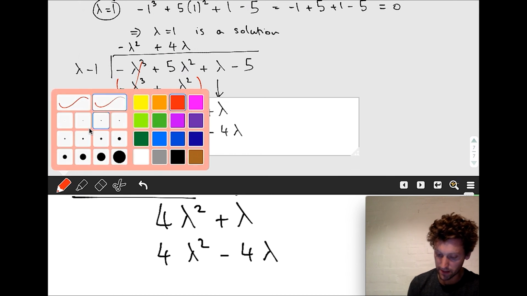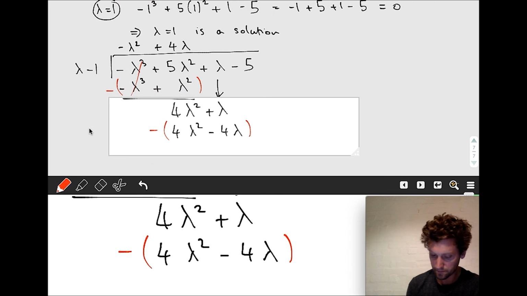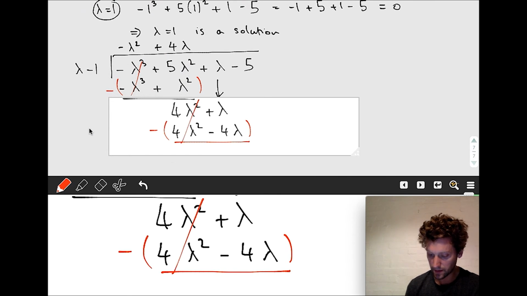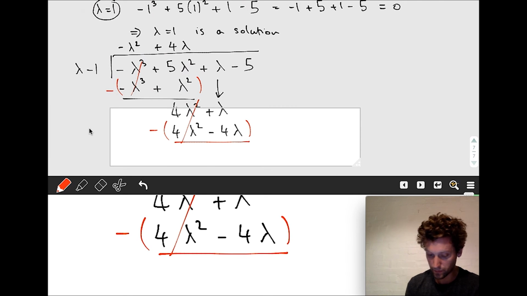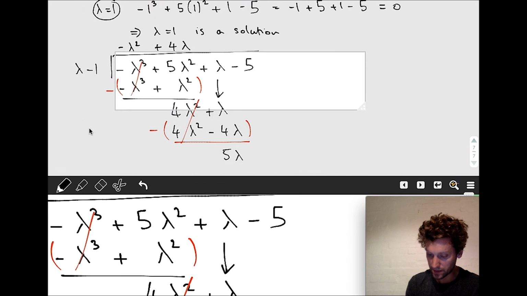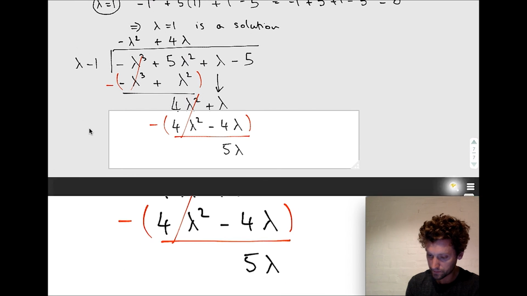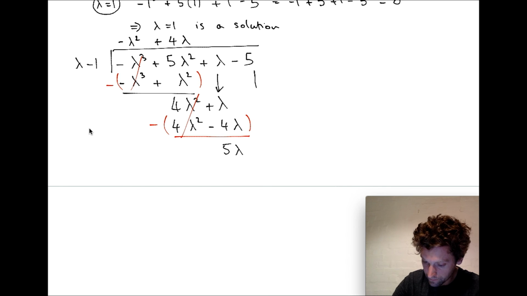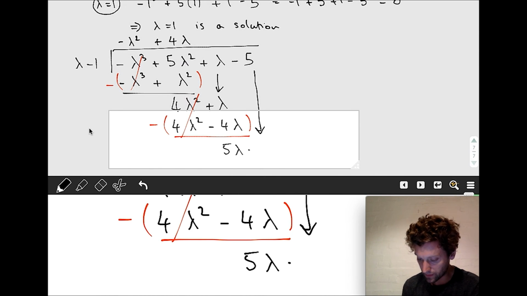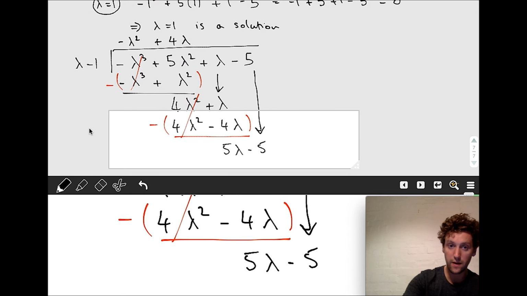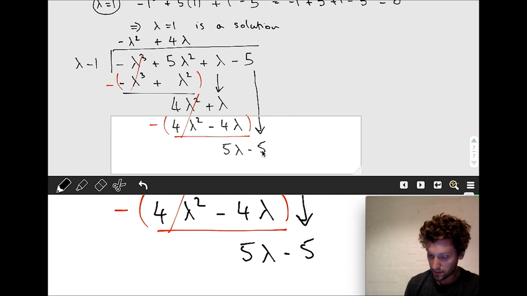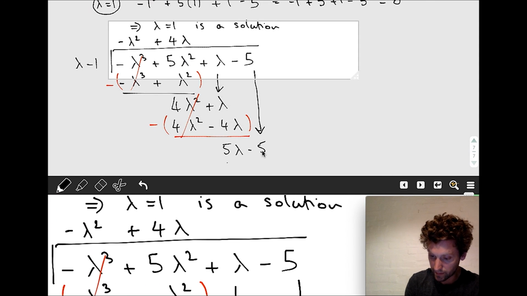Again, let's subtract that. So those are going to cancel. I get lambda plus 4 lambda, which gives me 5 lambda. Let's take down the next term, which is minus 5. And to divide lambda minus 1 into 5 lambda minus 5, I'm going to multiply by 5.